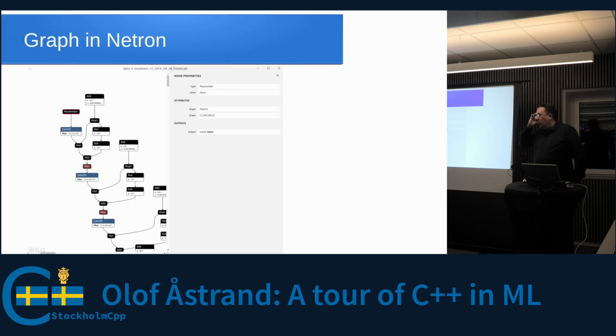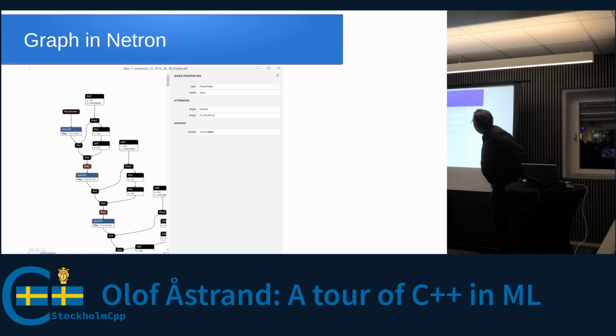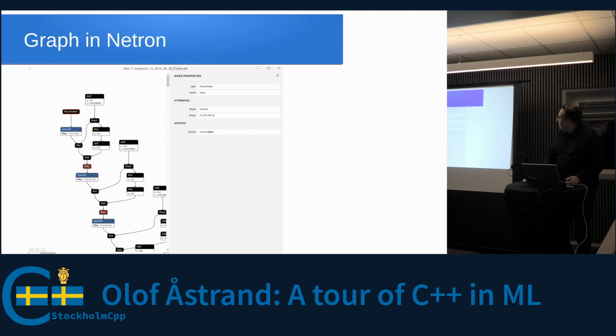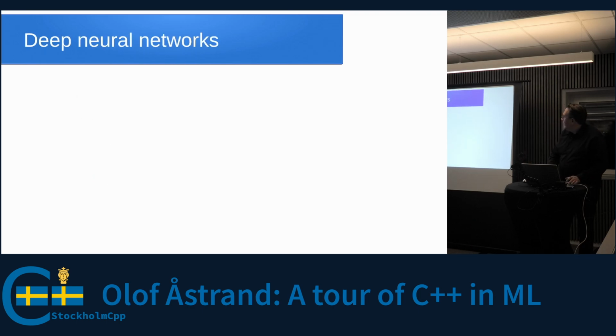If you want to visualize, you can use a program like Netron. This is just an example of Inception, one of the earliest Inception models. Yes, and we talk about deep neural networks.